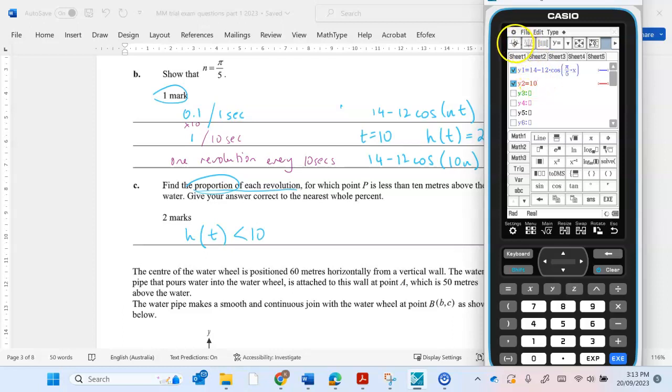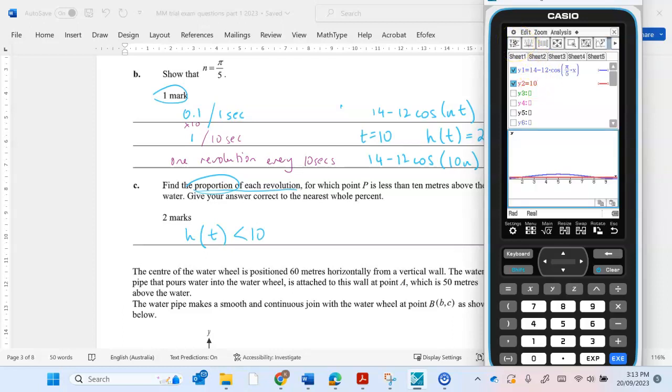It's very hard to see the graph, so we can go to this one to see it a little easier. We can see where it intersects, here and over here.